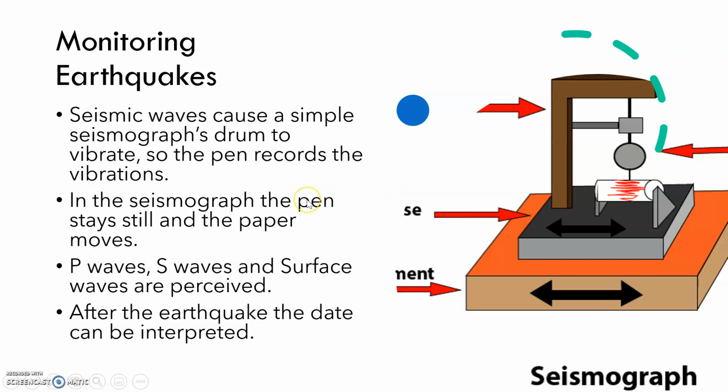I'm going to show you a picture in a little while. But basically, geologists have learned how to study and identify each one of the waves that have been written down on the paper of the seismograph. And after the earthquake, the data can be interpreted as well.